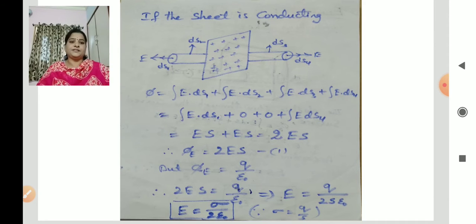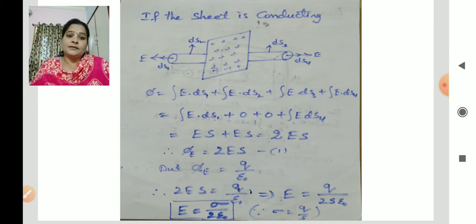Now for a conducting sheet, if the sheet is conducting totally, then assume the Gaussian surface to be like this, as shown in the figure. Here you can see the electric field. At the first surface at the extreme left end, I assume that area as ds1. The infinitesimal area ds1 and the electric field intensity both are acting in the same direction.